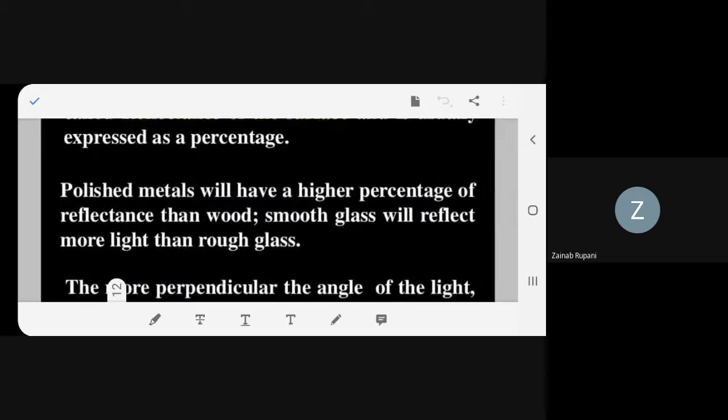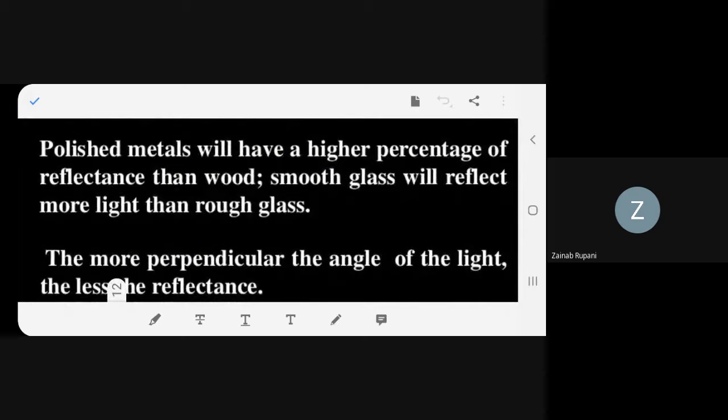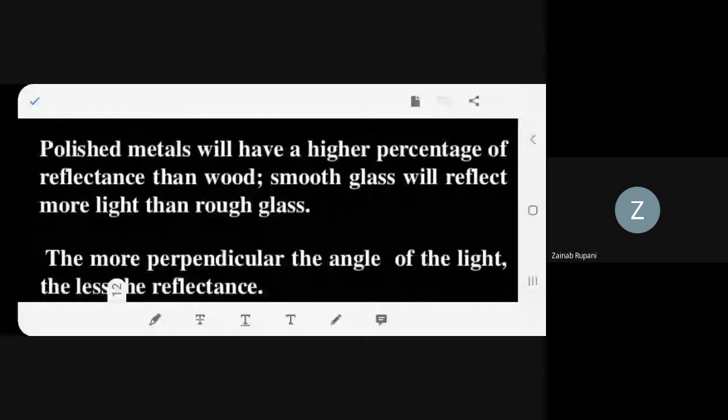Extra information I've given you. Please read. Polished metals will have a higher percentage of reflectance than wood. Smooth glass will reflect more light than rough glass. The shinier the surface, the higher the reflectance.